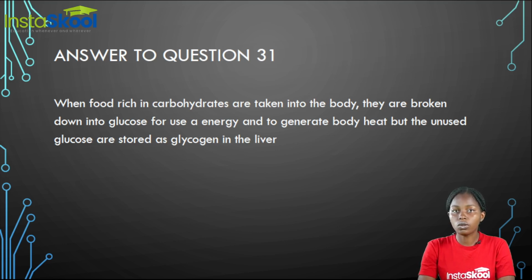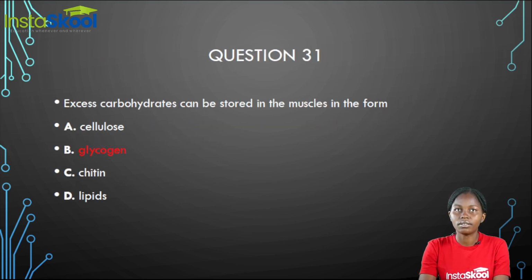Most of the glucose, the unused ones, are stored in the liver as glycogen. These glycogen are stored glucose. Later, when the body needs them, they are then converted back to glucose in order to be used by the body. So our answer there is option B, glycogen.